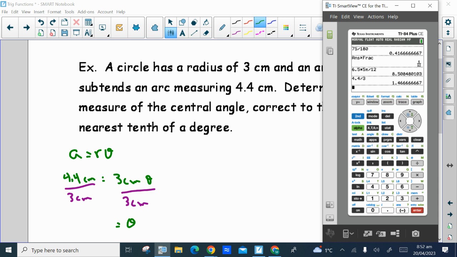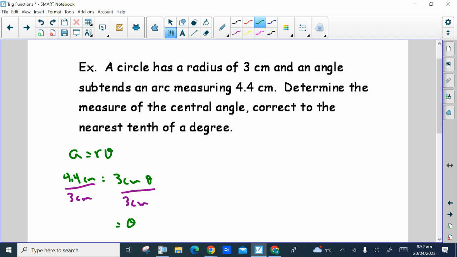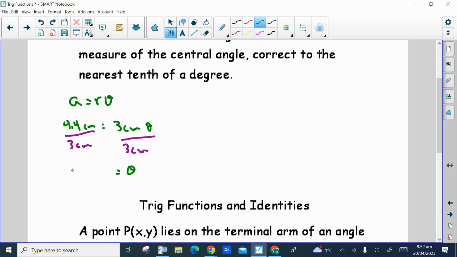Which is that repeating decimal, 1.46 repeating, but that is in radians. And now we want to write that in degrees. Theta in degrees. And again, when we write an angle in degrees, it's going to be a much larger number than it is in radians, which means you have to multiply by 180.